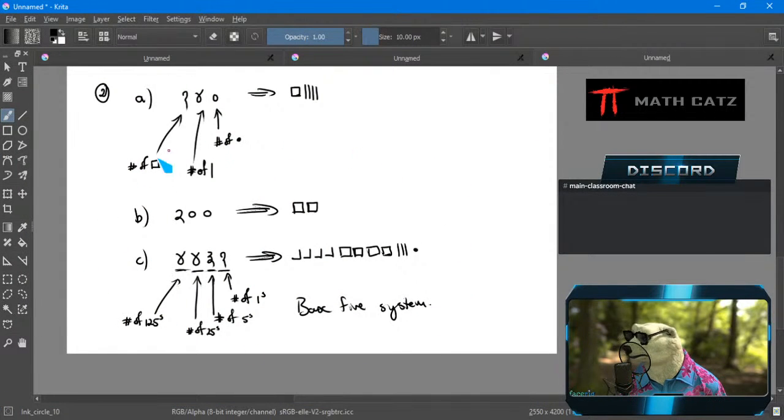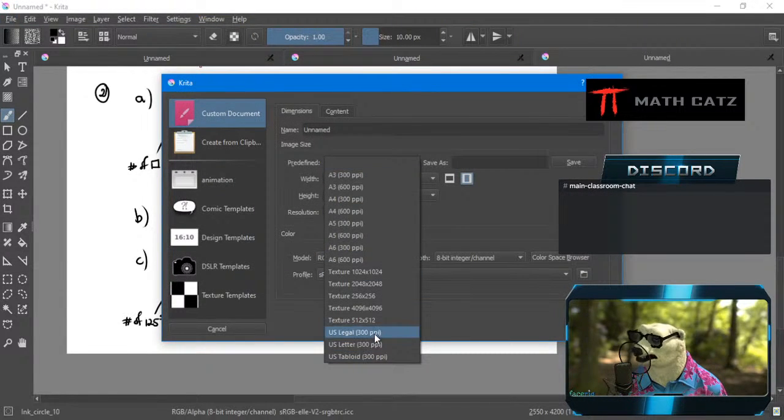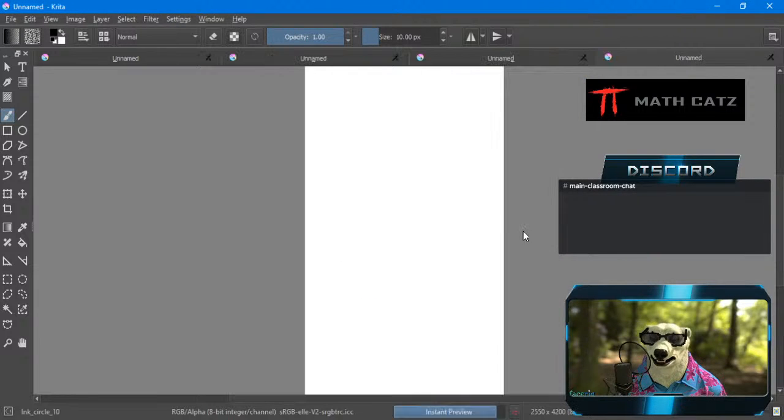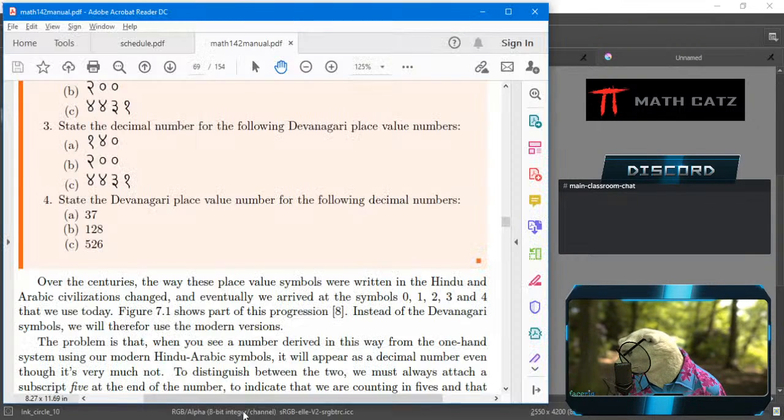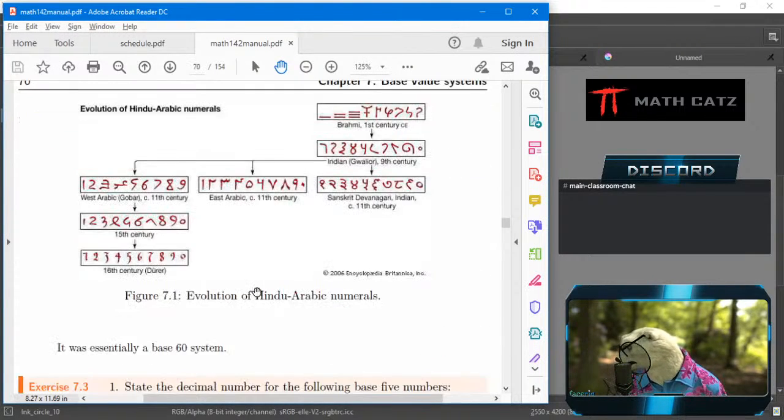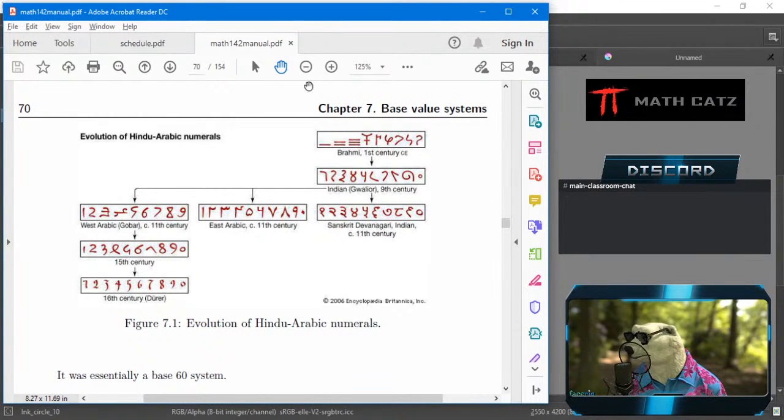However, in this system, we are still counting base 5. So when we convert, we remember we convert to our decimal system, which counts in tens. So it's not the same number system. Even though the symbols and their conversion over here, these were all decimal from the very beginning.